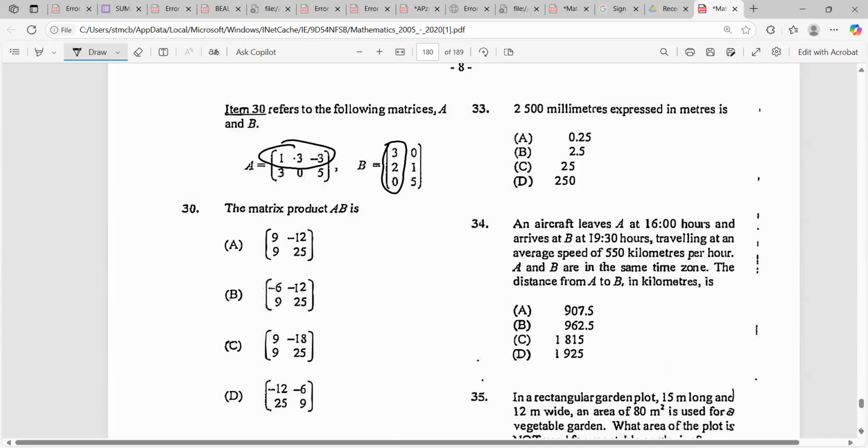So 1 times 3, that's 3. 3 times 2, 6. Negative 3 times 0, 0. Top one works out to 9. Alright, so it's between A and D. Let's work out the next one.